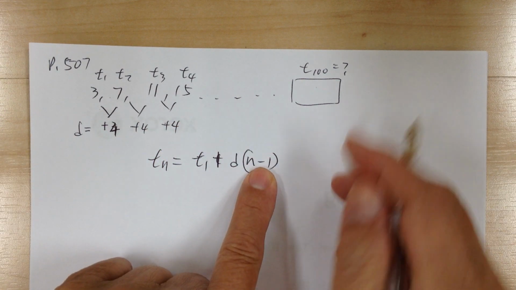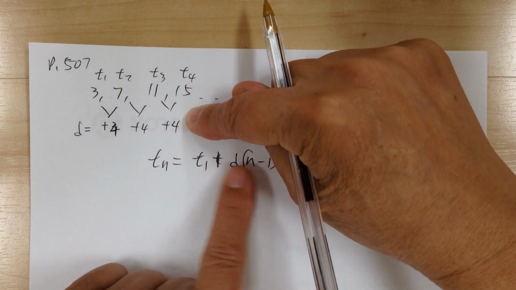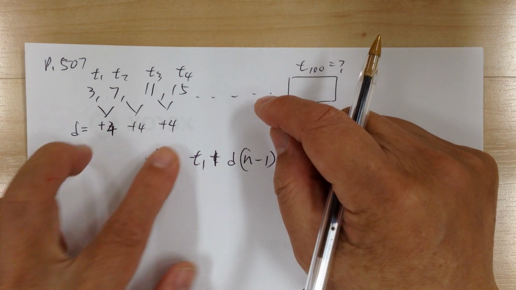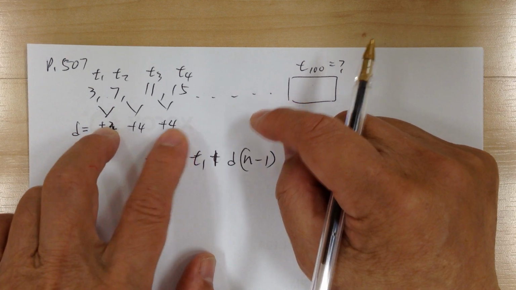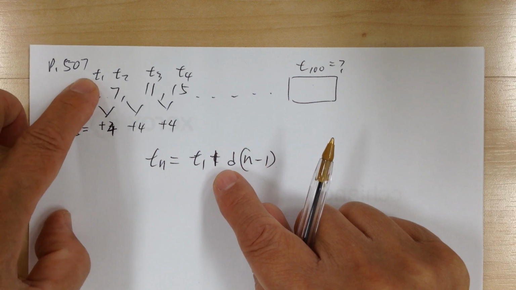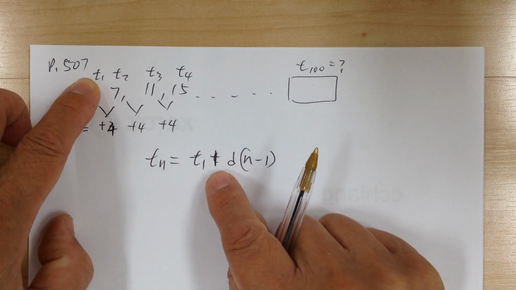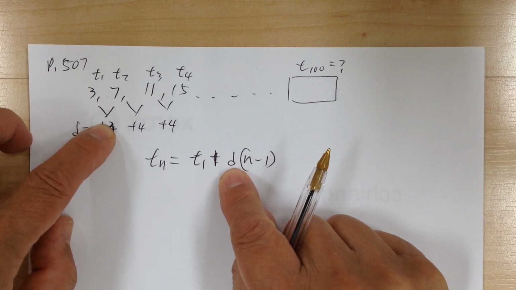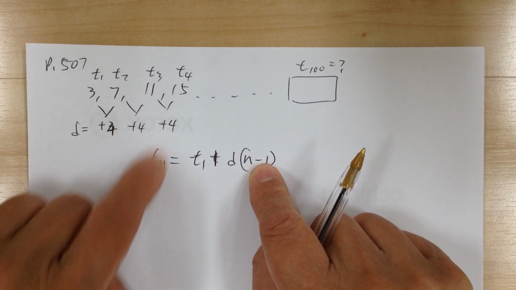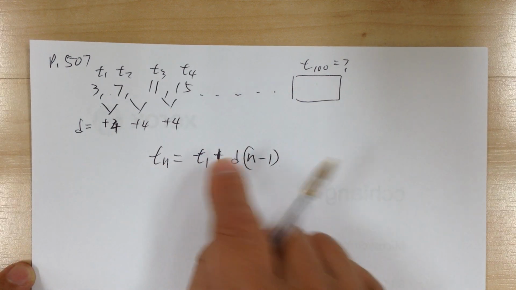Again, n minus 1 is how many gaps, times d gives the total increase from T1, from the beginning. So T1 is where you start, plus the 4 for each gap times the number of gaps. That's how you get the formula.